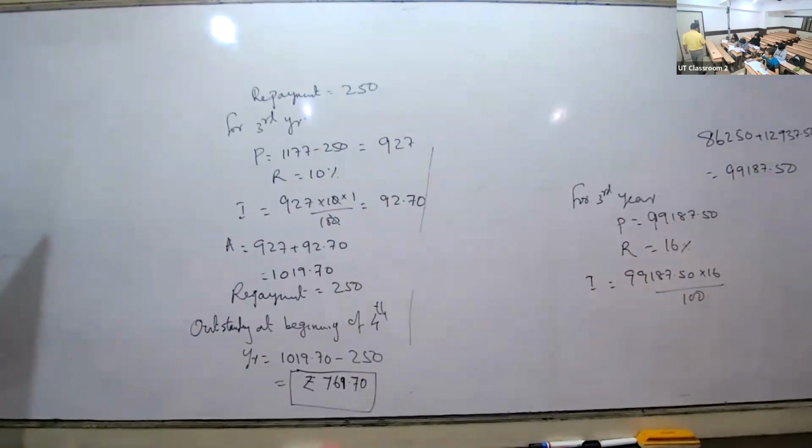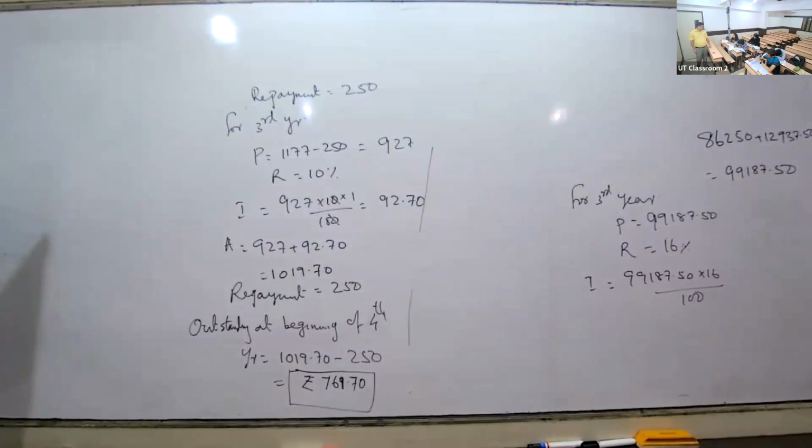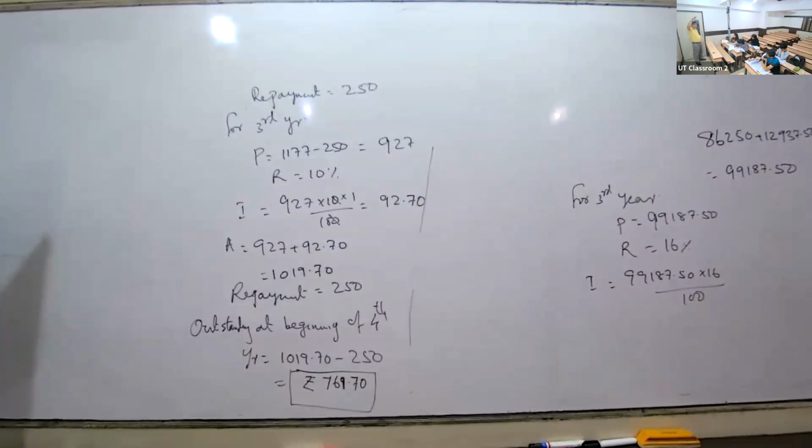Multiply and put two places of decimal. It's not required for every step.